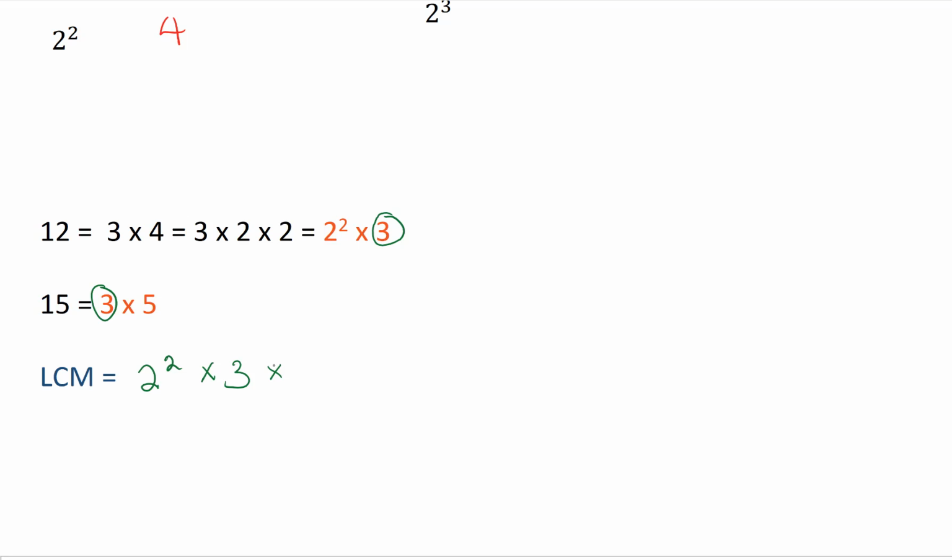Then, all right, we have already included the 2 squared here and the 3 here, so all we have left is the 5, so we need to include the 5. Basically, we need to include all the factors of each of the numbers without double counting anything. So if I see the 3 however many times in the 12, if it's the same number of times in the 15, I don't count it again for the 15. So this becomes my least common multiple.